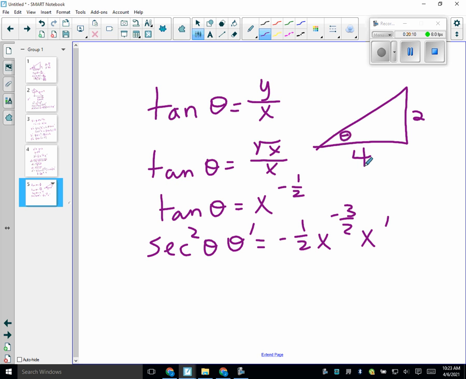So wasn't this radical 20? And why do you need that? To find secant squared? Okay. You're looking for theta prime?